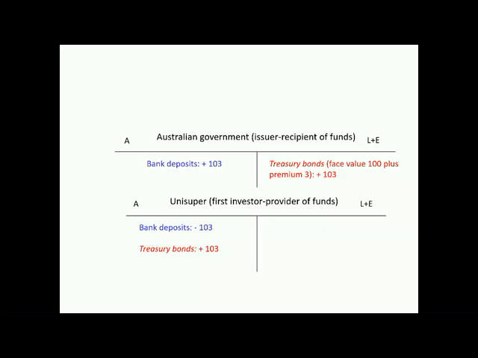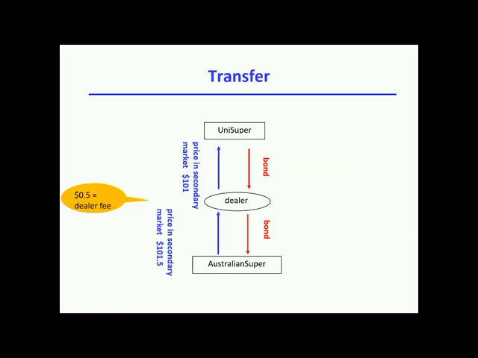So it's just a matter of convention, how you do it. We do it this way. We write down 103 here. So the first investor, UniSuper, they give their money away to buy the bond, and they receive the bond with a current market value of 103. Same as we played before.